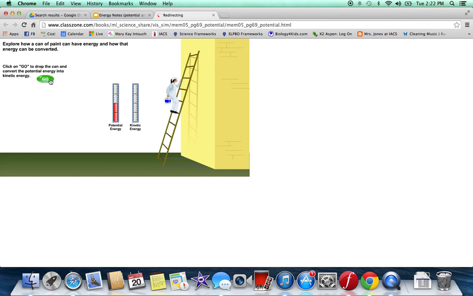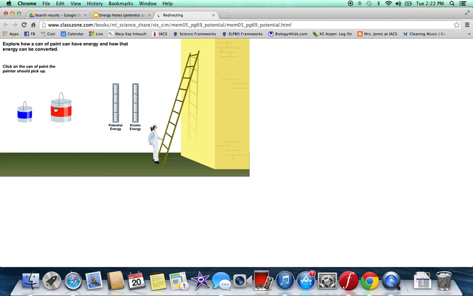Why is it only 50% and not 100%? Well, that has to do with the mass of the can. If she went higher, she could get it to increase more. We dropped the can of paint. You saw the potential energy decrease, the kinetic energy increase. And we made a mess.